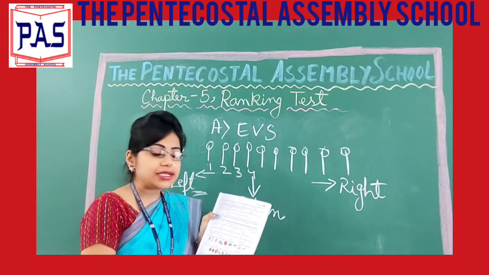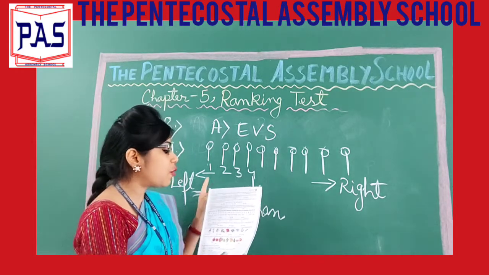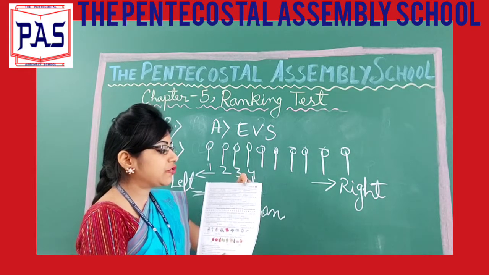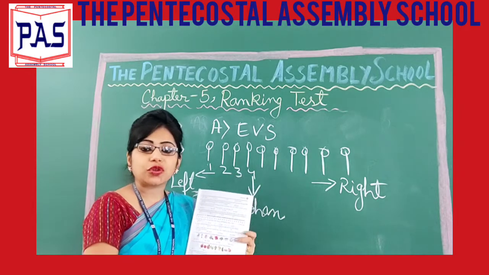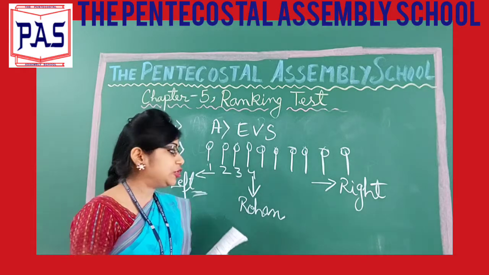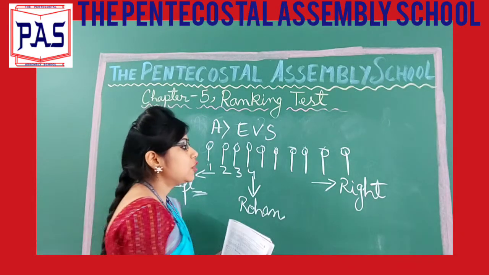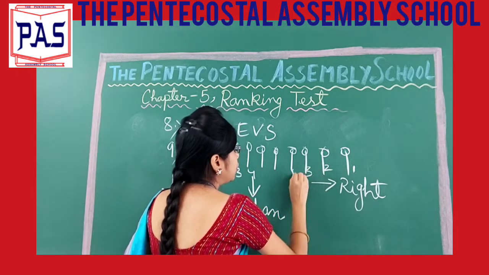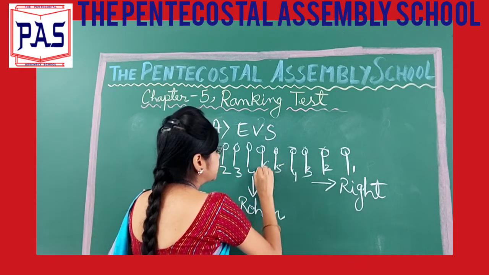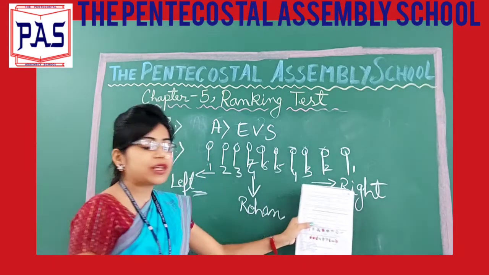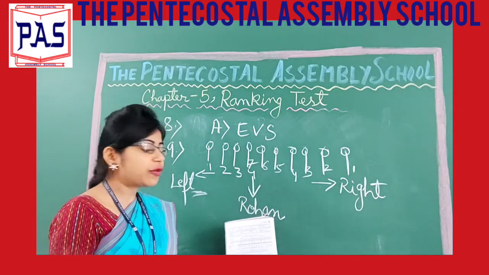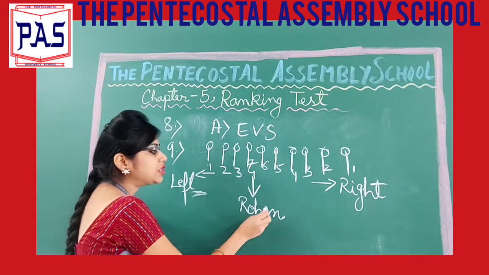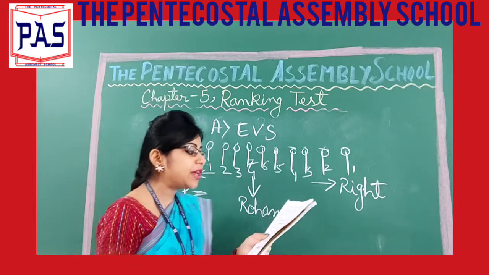The question is asking the position of Rohan from the right end. So let's count 1, 2, 3, 4, 5, 6 and 7. From the right end, the position of Rohan is 7. And from the left end, the position of Rohan is 4. So your answer will be 7.